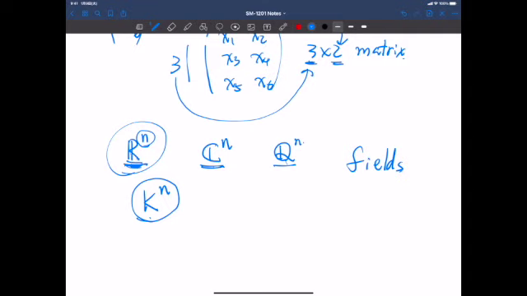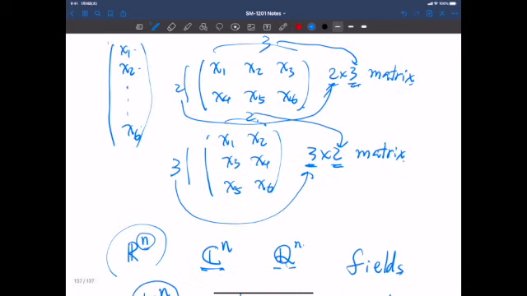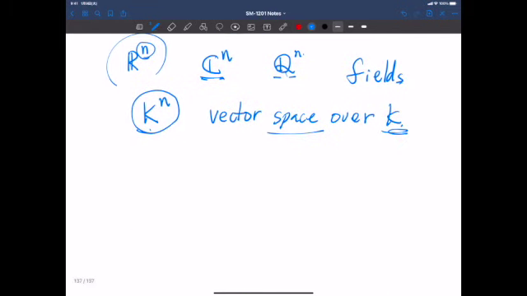So this set is called a vector space over K. Of course, when we say vector space, it is not just an arrangement of numbers in these ways, row vectors or column vectors, but we also need to define addition between two vectors and multiplication between scalars and a vector.